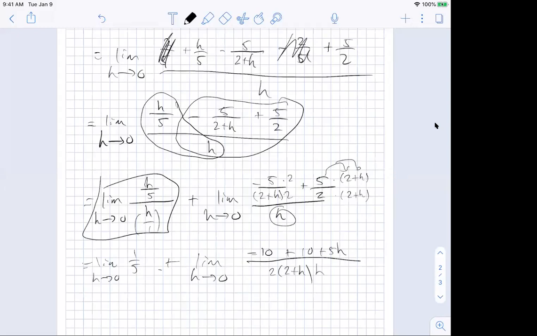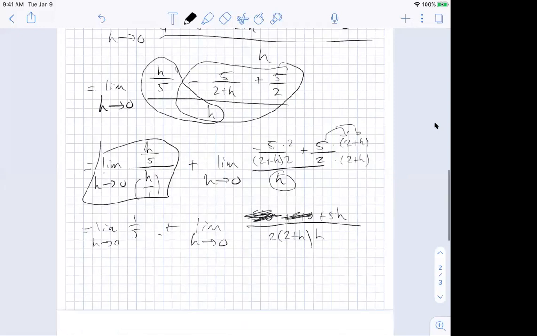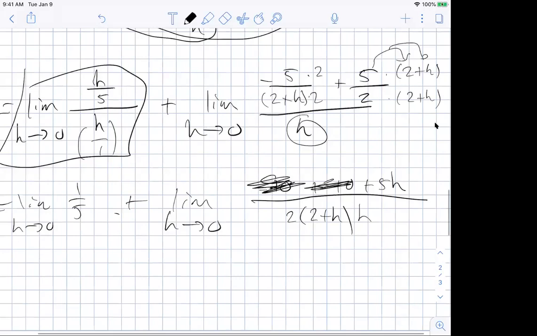So then these cancel, minus 10 and plus 10. And then what else cancels? Perfect. Now the top is just 5 times h. The bottom is 2 times 2 plus h times h. So I can cancel that h from the top and bottom, only after I cancel the minus 10 with the plus 10, because those didn't have h's.